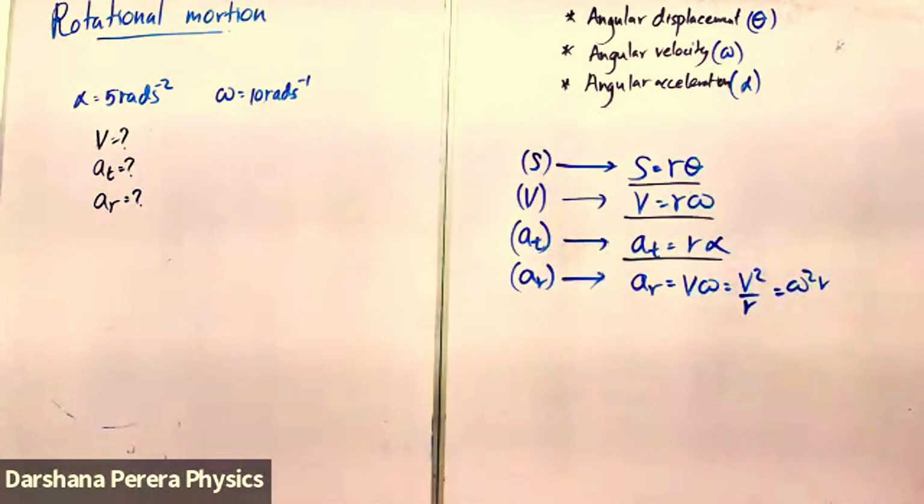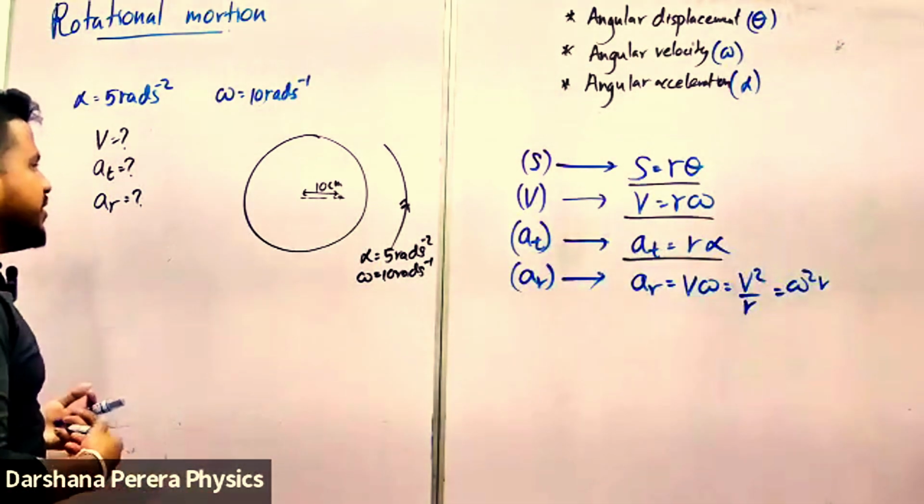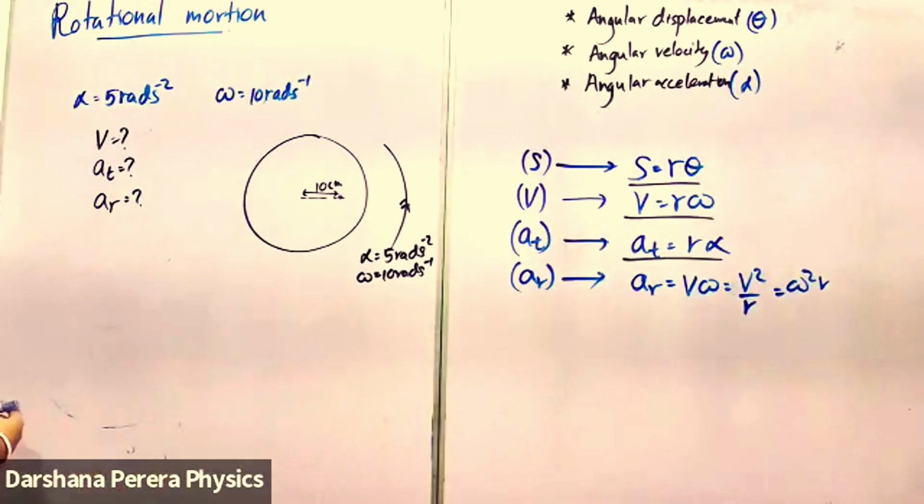Previously we discussed in circular motion what the parameters are. In this case also they are the parameters. Find the parameters. We know the formulas: S equals R theta, V equals R omega.